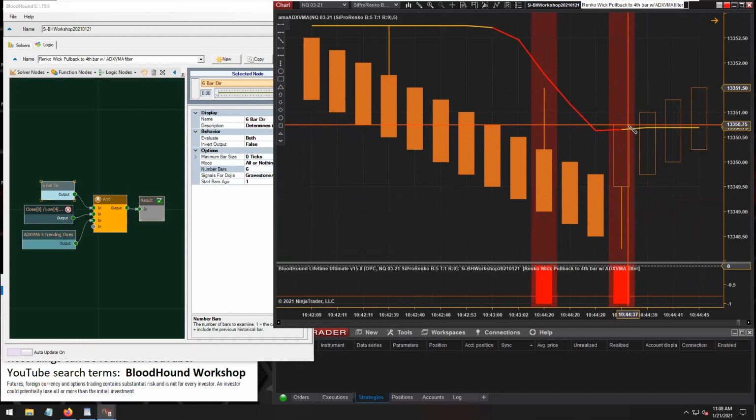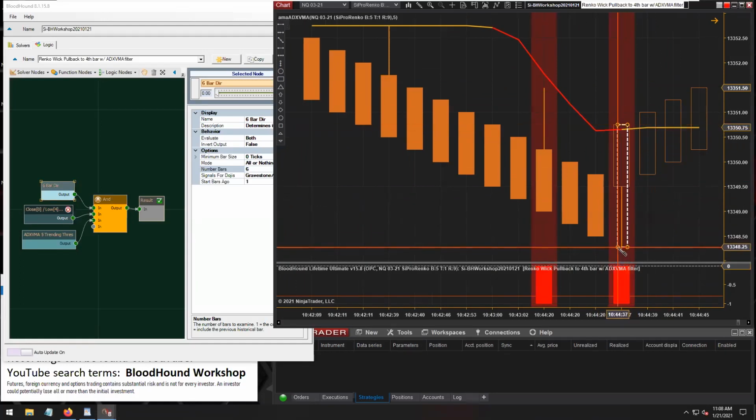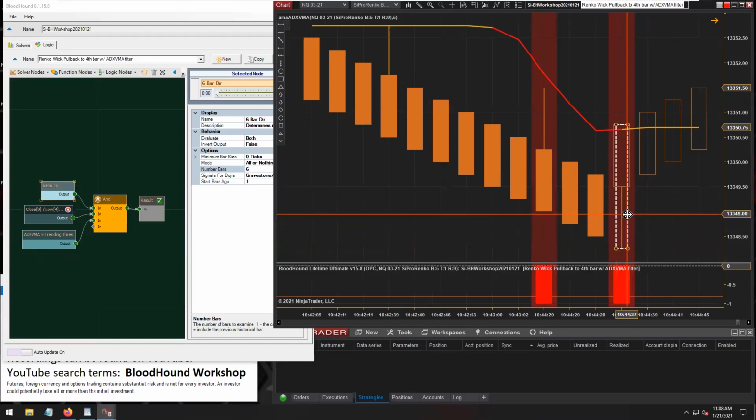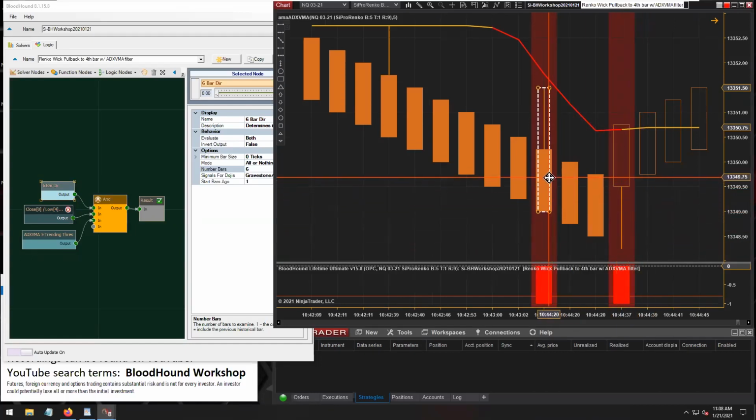Let's measure the length of this reversal here. If we overlay that on here, we can see that all the market needed to do was move one more tick, and it would have become a reversal bar.